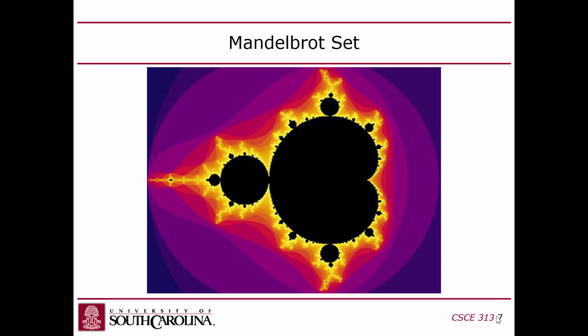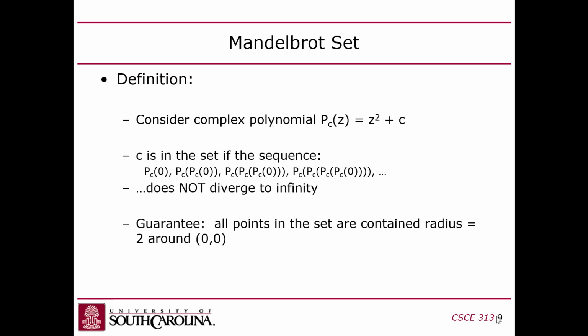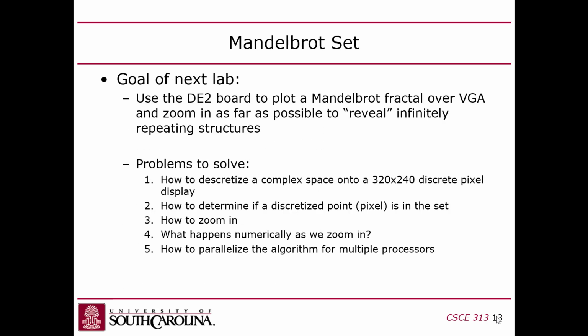The zoom has to be exponential. You have to zoom in faster and faster and faster as you go, right? That's the way it works. That's when you see the repeating shapes. Okay? So that's the idea. We want to pick a point and zoom in, and you get to see the effects of that.